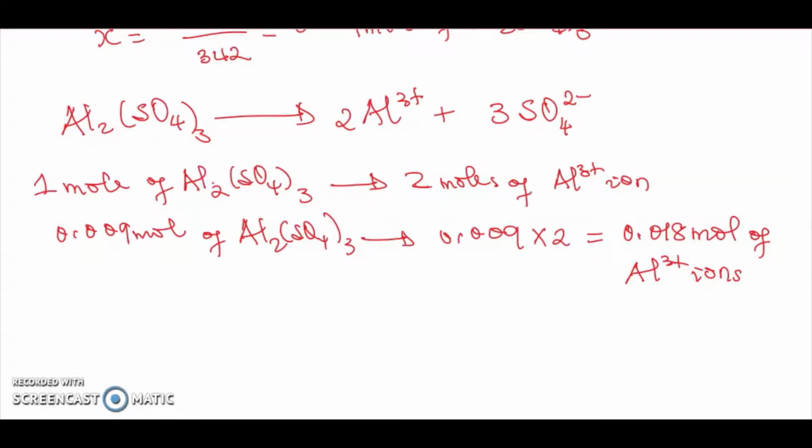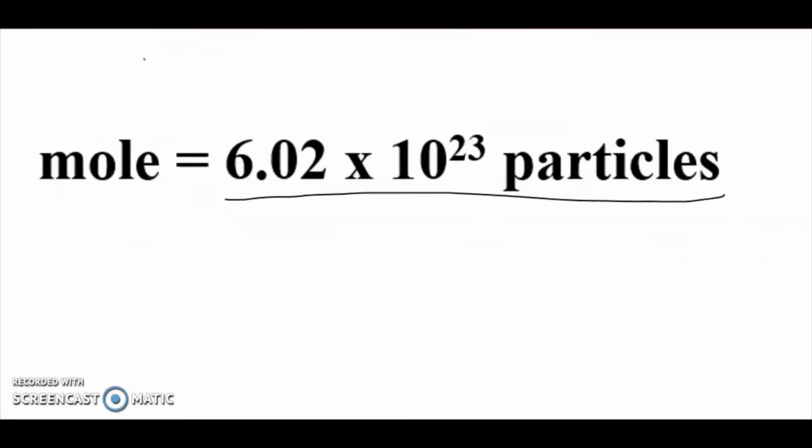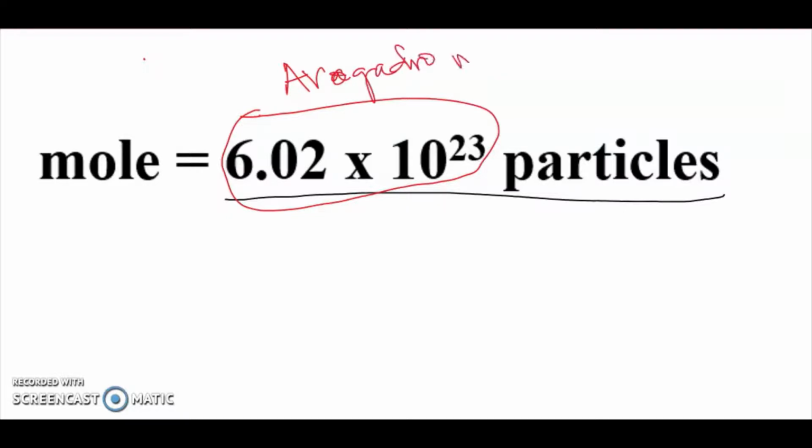So we've seen how we can calculate the number of moles of compounds, and the number of moles of ions in compounds. Now let's see how we can calculate the number of particles. Earlier in this video we saw that 1 mole of every substance contains a certain number of particles, 6.02 times 10 exponent 23 particles. And we said that this number is known as the Avogadro number, or the Avogadro constant.